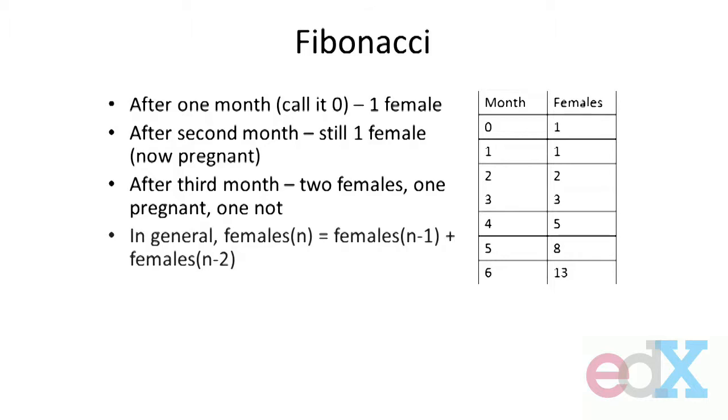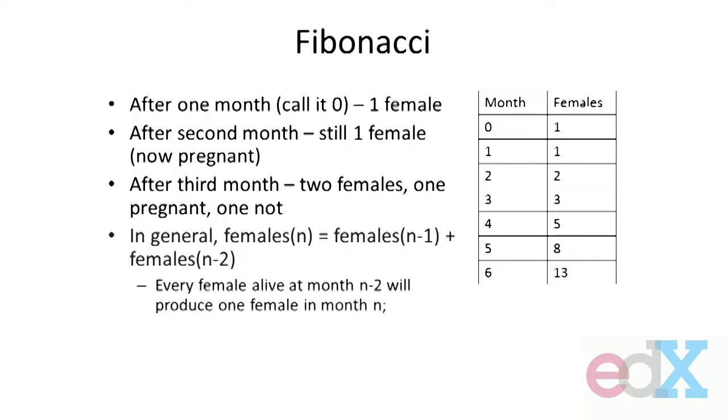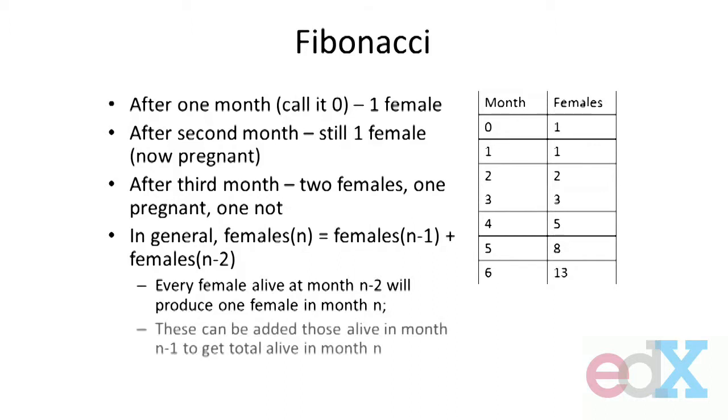And in general, we can figure out the formulation, the sort of recursive expression, if you like. Because in general, every female alive at month n minus 2 is going to produce a female at month n. It takes 2 months for that to happen. Those new females that are generated at month n can be added to those that were alive the previous month, because those are the new females. So the total number of females at month n is the number that were alive at month n minus 2, because each one of them has produced a new offspring, plus all the ones that were alive at month n minus 1.